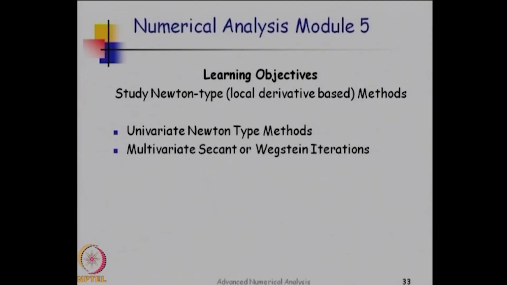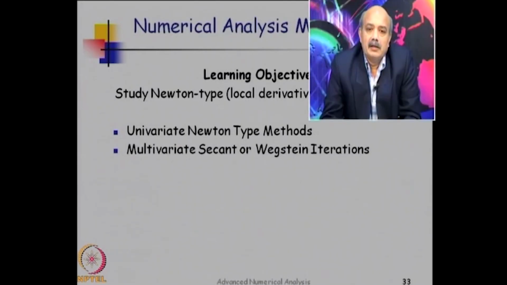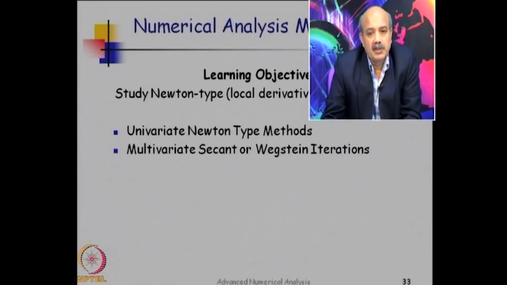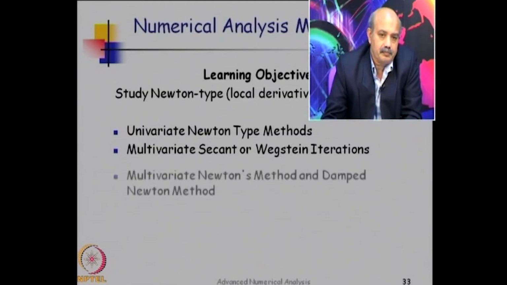from this we will move on to derivative based iterative methods. The well known derivative based iterative method is Newton's method. We will first look at univariate Newton type methods where you find the local derivatives either exactly or approximately. Then we will formulate a multivariate secant method, which is an approximate derivative based method, popularly known as Wegstein iterations.